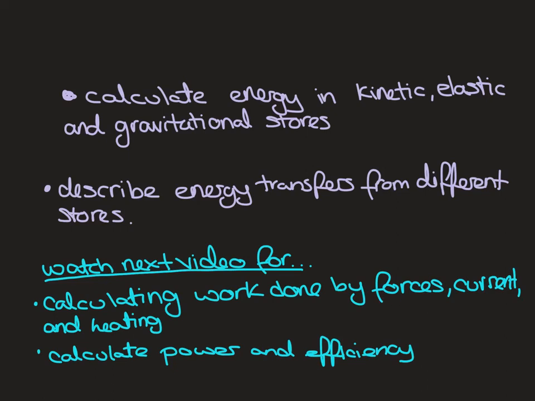We're going to look at how we calculate the work done by a current in an electrical circuit, and we will look at how we calculate the work done via heating, looking at specific heat capacity and latent heat. We will then also look at how we calculate the power and how we calculate the efficiency and ways to improve efficiency in different systems.